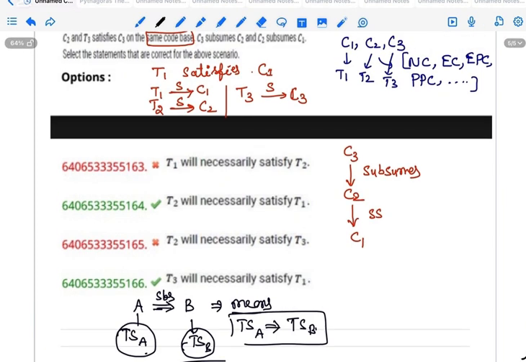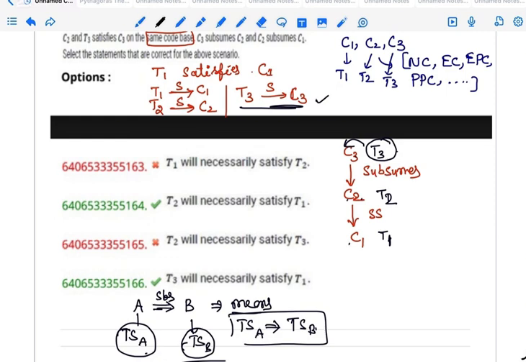In the same way, C3 subsumes C2. For C3, the test requirement is T3. T3 satisfies C3 in this equation, so it satisfies C2 and C1 also.